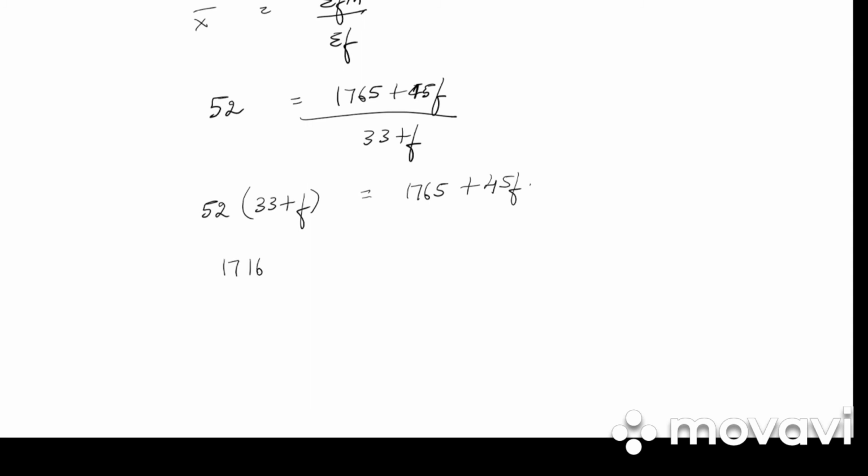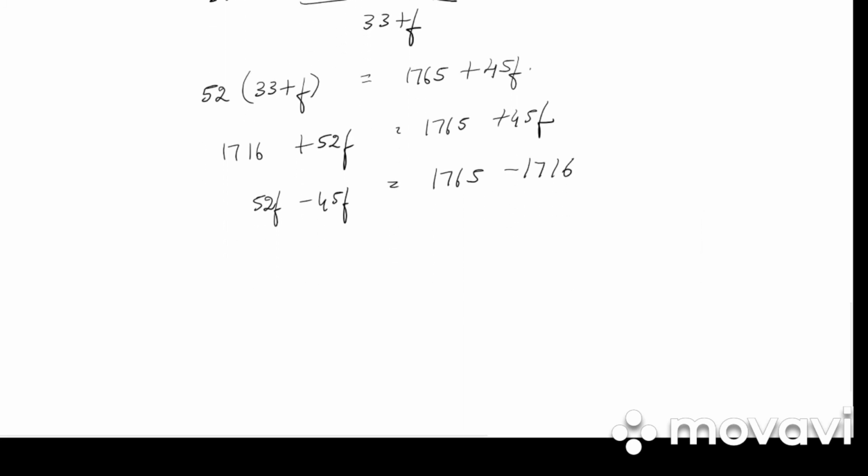So 1716 plus 52f is equal to 1765 plus 45f. So 52f minus 45f is equal to 1765 minus 1716. 7f is equal to 49. f will be 49 divided by 7, that is 7.